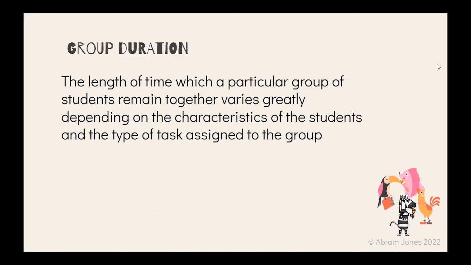How about group duration? These terms are going to come up again. You can trust me. Group duration is the length of time which a particular group of students remain together. It varies greatly depending on the characteristics of the students and the type of task assigned to the group.